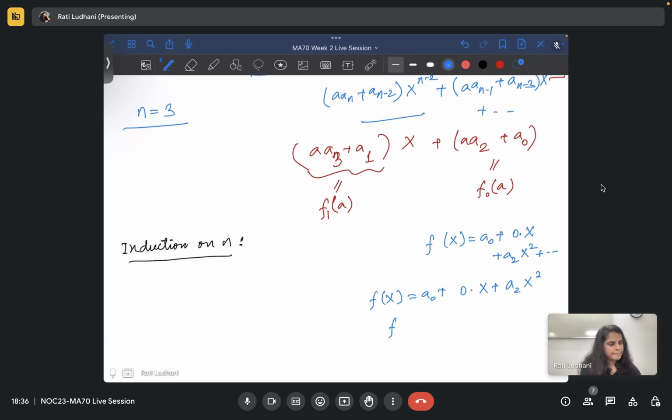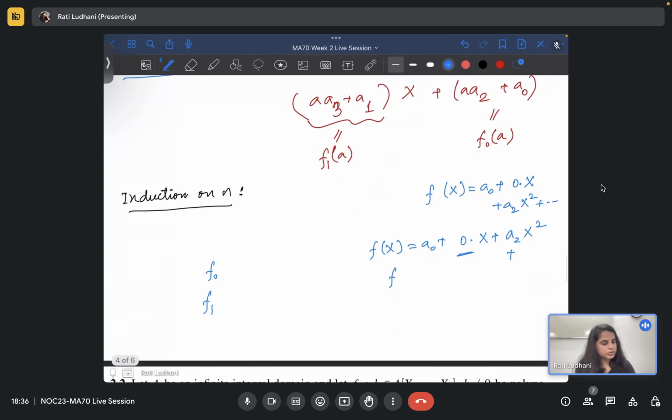So for defining f0 and f1, you are using exactly this. We don't care if the coefficient is 0; we will write that in the expression. So what I mean to say, if you have this a0 plus 0 into x plus a2 x square plus a3 is 0, so 0 into x cube, plus a4 x raised to power 4, you have something like that.